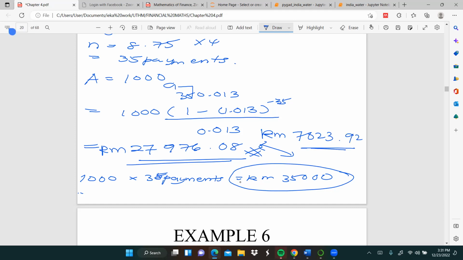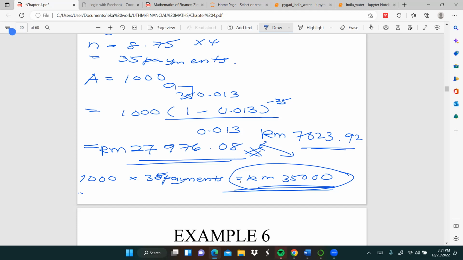Okay, beza kat sini. Sebab dia dah ada compound interest kat situ. Sebab itulah, at the beginning, she just need to invest about 27,000 plus plus. Okay, but at the end, she will receive this amount, 35,000.